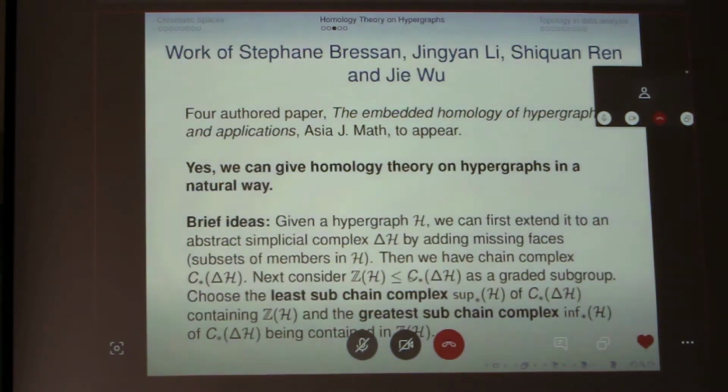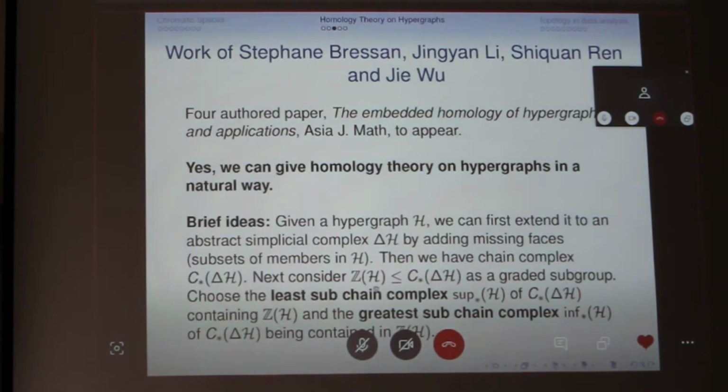Now we look at the linear combinations of elements in the hypergraph. So this is a graded subgraph: in each level we get a graded subgraph of the chain complex. But this H itself may not be a chain complex. Now what can we do in mathematics?